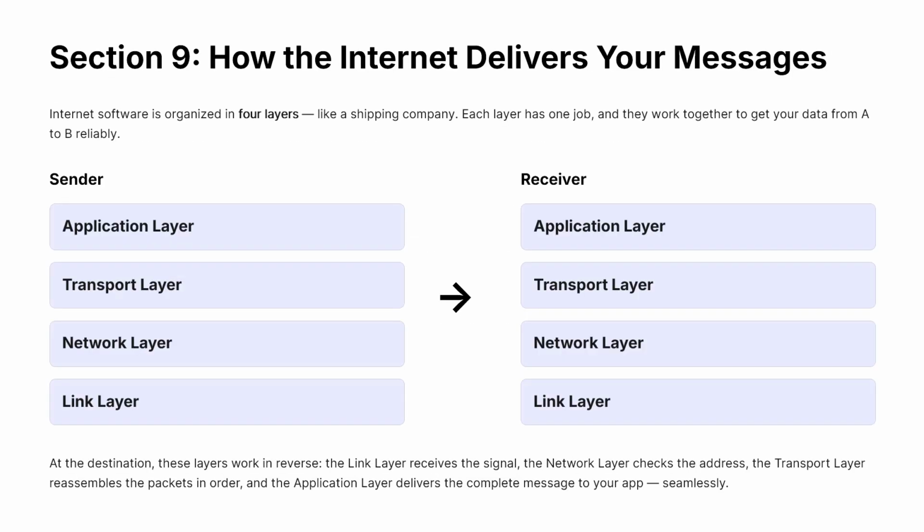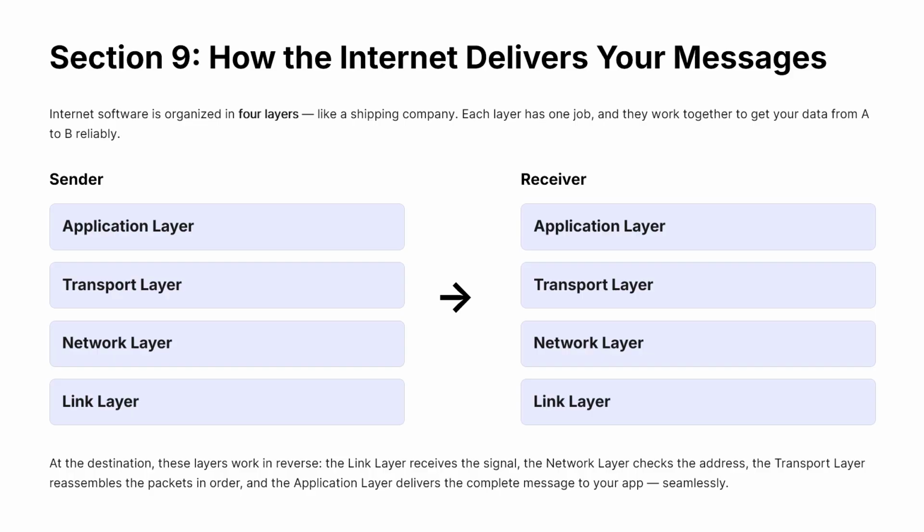When you send a message across the Internet, the software that handles it is organized into 4 layers. Think of it like mailing a package. Layer 1, application. This is your app, your browser, your email client, your video game. It prepares the message and hands it off. Layer 2, transport layer.